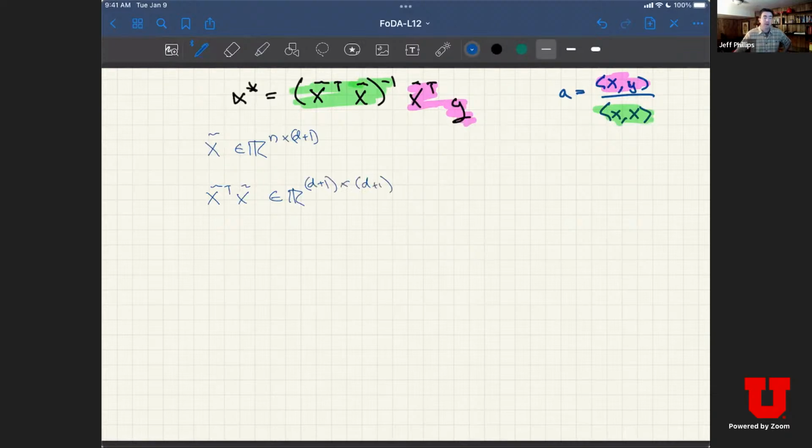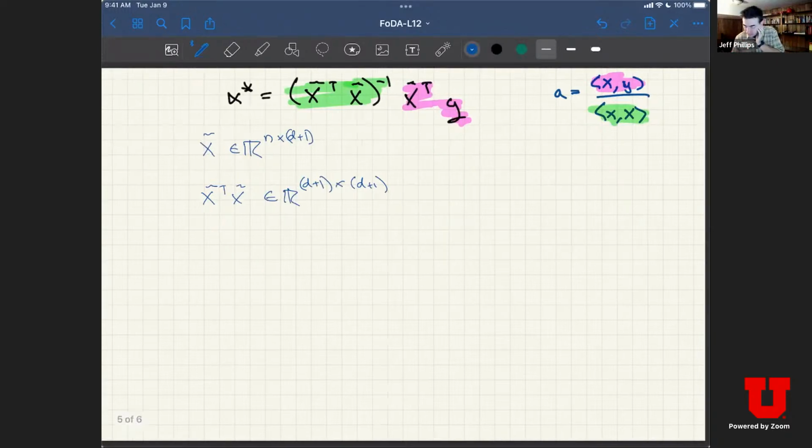I transpose the first x tilde, so I swap the n and the d plus 1, and the n parts multiply with each other, and I'm left with the d plus 1 parts on the outside here.